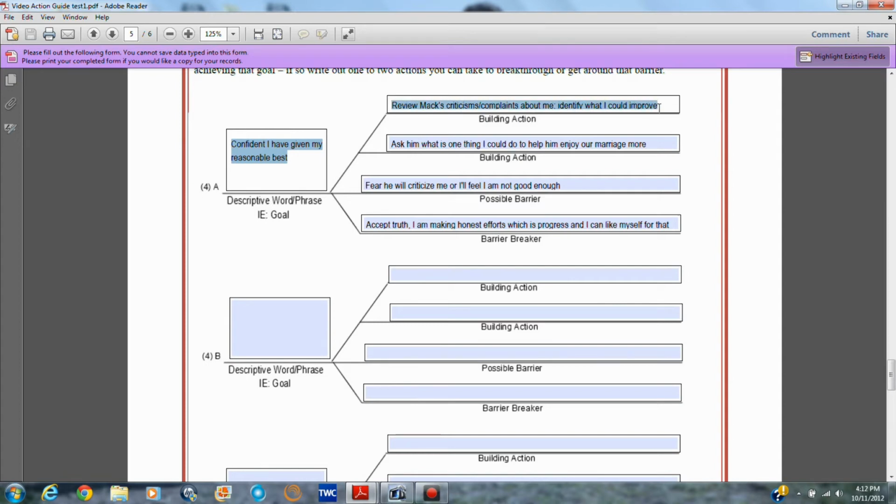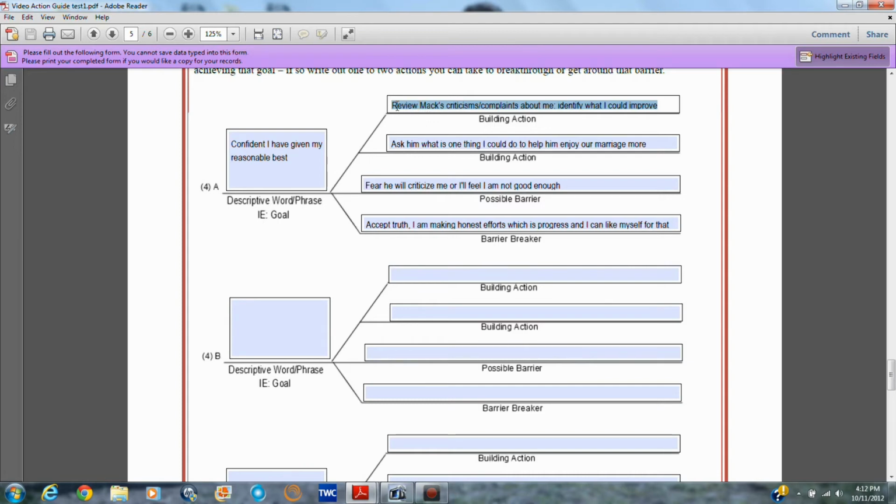Here's 2 actions she can do. This is the first one. Review Mac's criticism and complaints about me and identify what I can improve. This is specifically, remember we talked about in one of the other videos about observing our spouse to figure out where our actions or attitudes are affecting them on the positive side or the negative side of their balance of feelings for you.